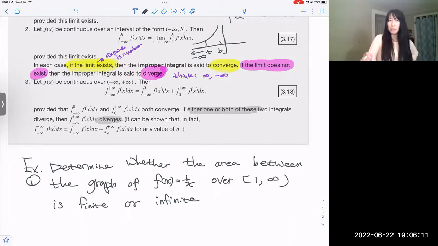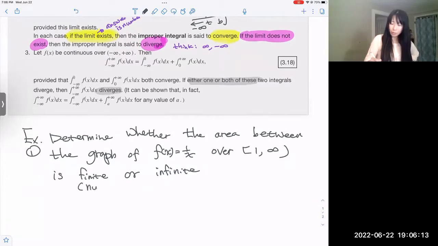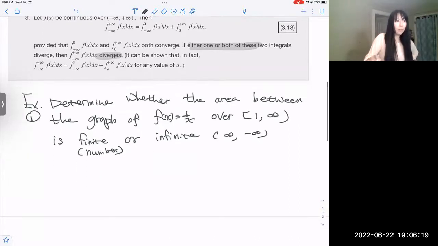Finite means a number, right? Infinite means positive infinity or negative infinity. So we're going to find the area under the curve from 1 to infinity of 1 over x dx.